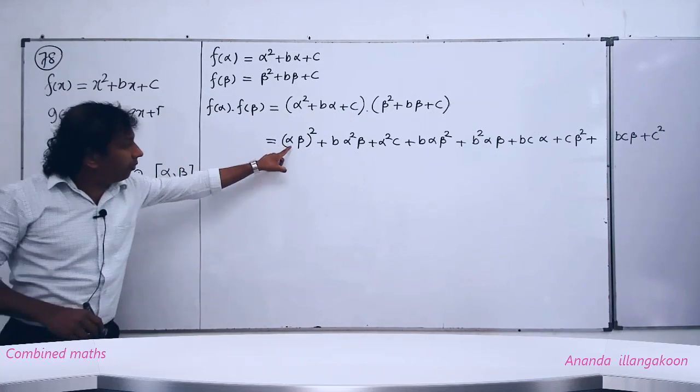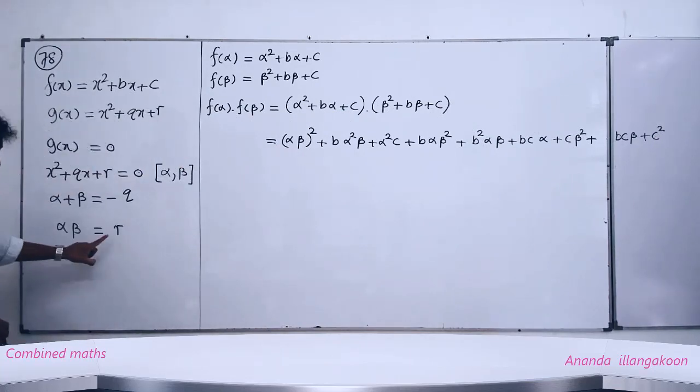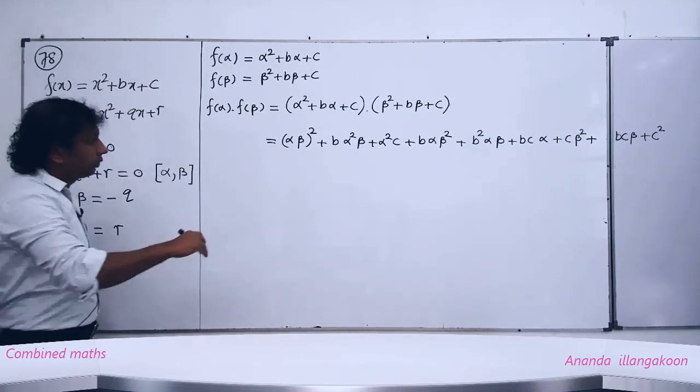The product alpha beta is r, so put r for this.